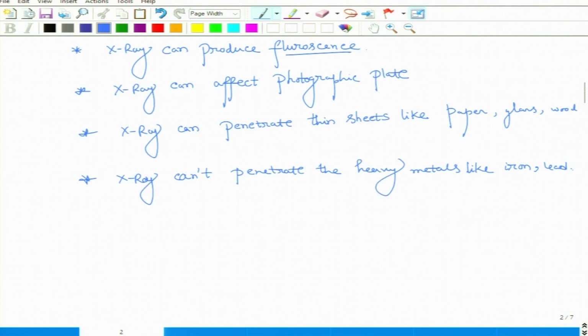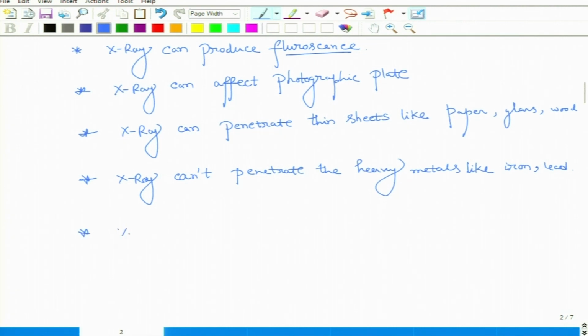Okay, these things cannot be penetrated. And the last one: these properties of X-ray did not match with any known rays. So that's why it was named X-ray, as we discussed.